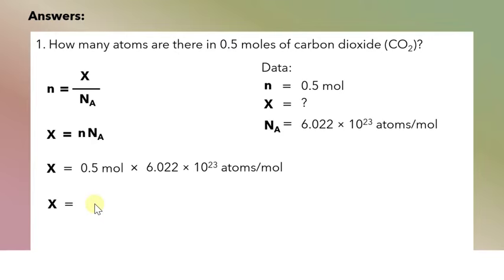Then we'll say equals, then we'll multiply. So once you do the multiplication here, you'll get 3.011 times 10 to the power 23 atoms.